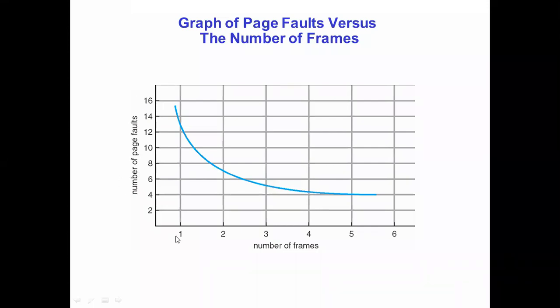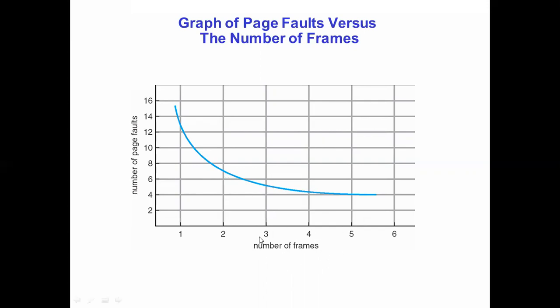If the number of frames is only one, a single frame, the page fault probability is very high. As the number of frames increases, the page fault condition decreases. So this is the graph between the number of page faults and the number of frames.